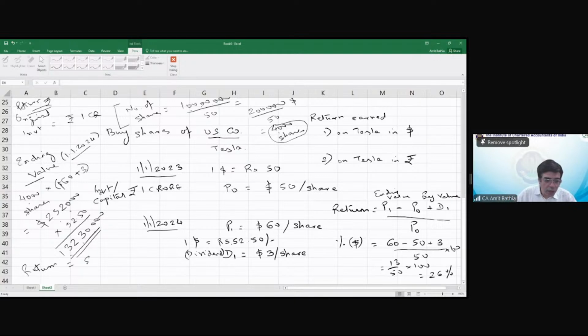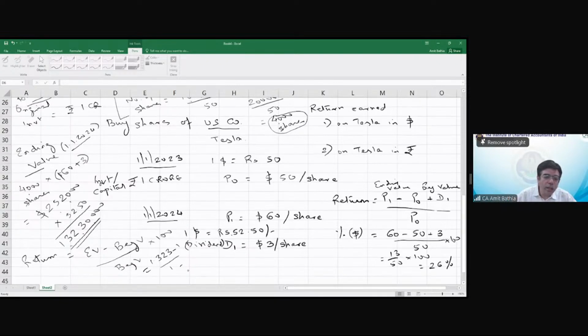Ending value minus beginning value, upon beginning value. Am I right? Yes, sir. Tell me if I'm making any mistake. 1 crore 32 lakh 30,000 minus 1 crore, so it is 1.323 minus 1 upon 1, that is 32.3%.